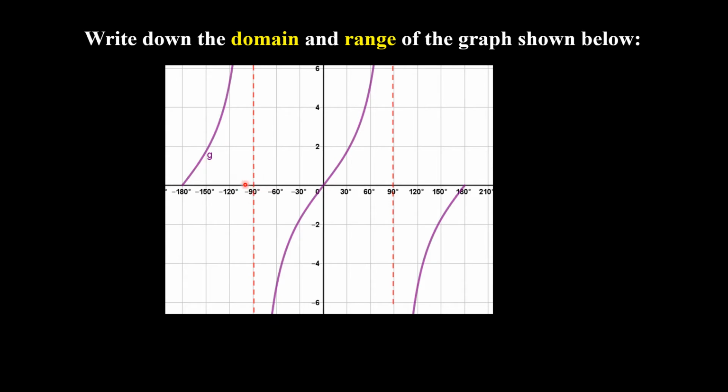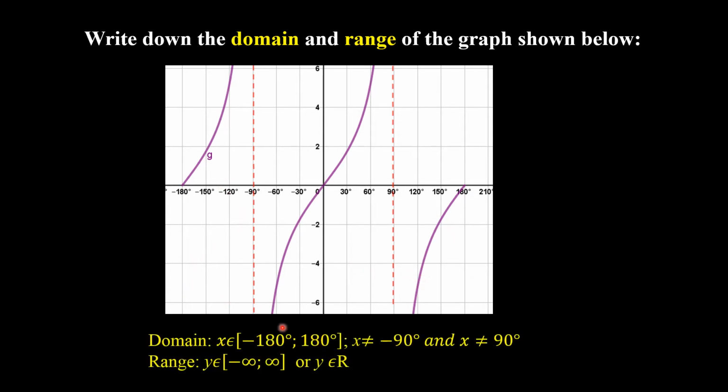So the x value minus 90 should be excluded, and positive 90 should be excluded, because those x values are not applicable here for the graph of tan. So we write the domain: x element of minus 180 to 180, but x not equal to minus 90 and x not equal to positive 90.